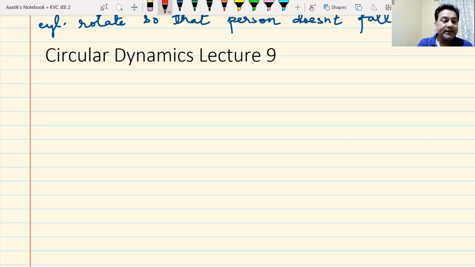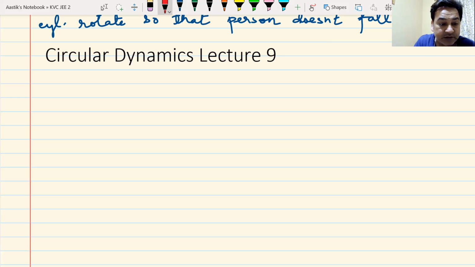To begin today's class, let us again start with a similar sort of problem. In that well, the cylinder was rotating and the man was lying like this, and the floor went away. He did not fall because of friction between the cylinder and the person.